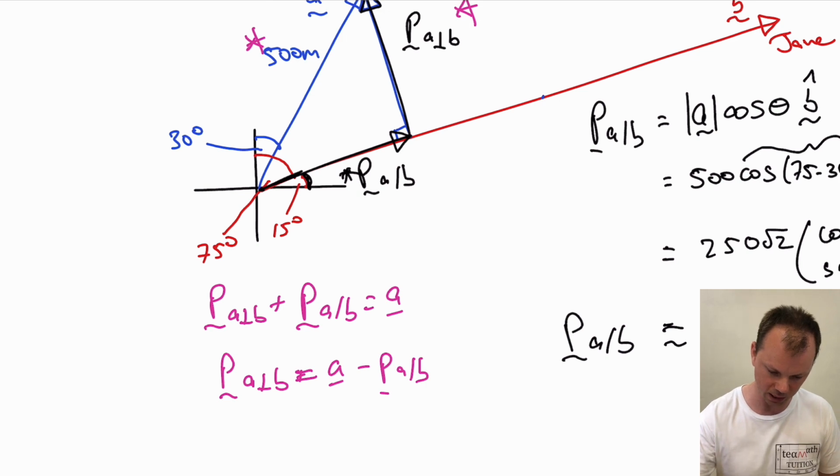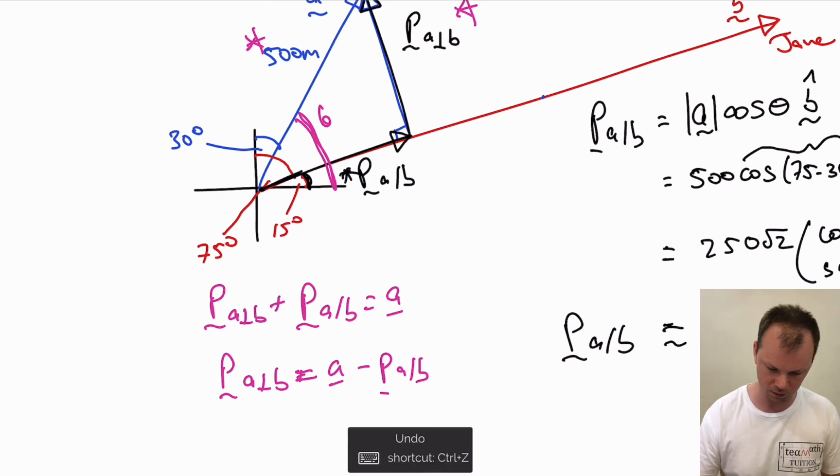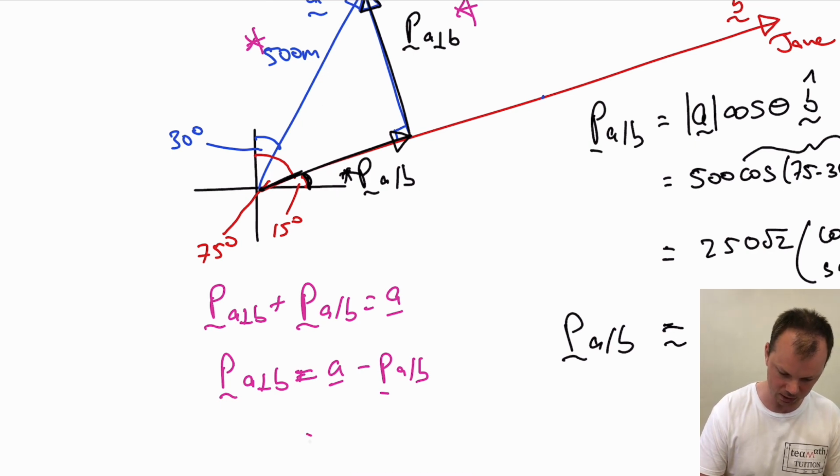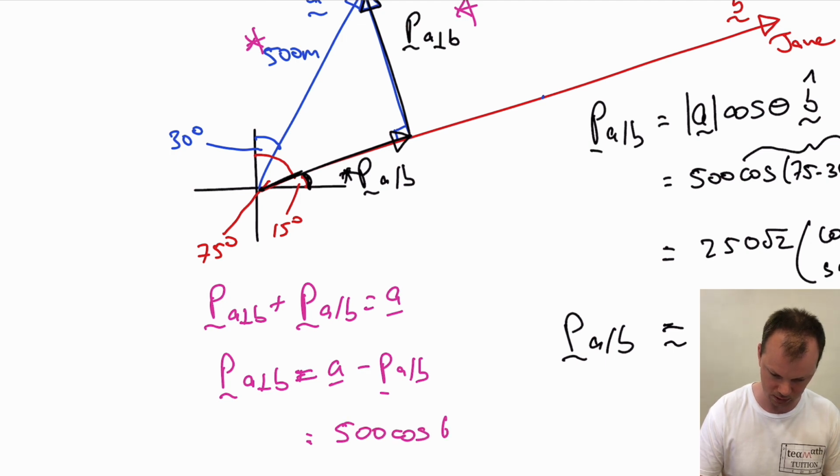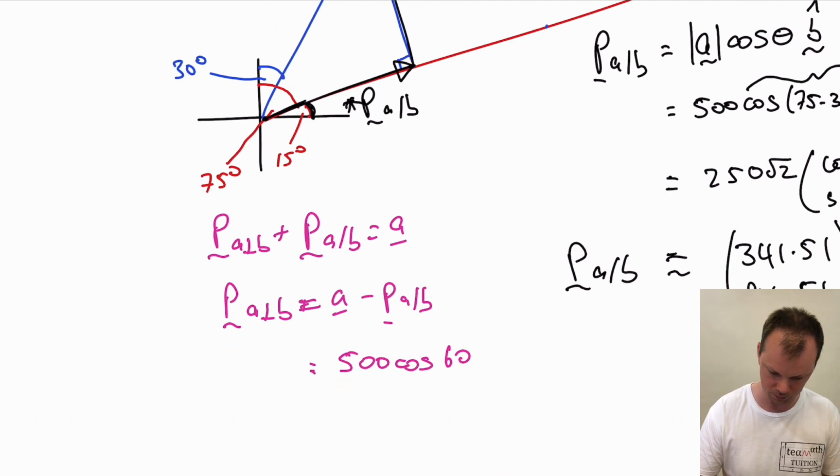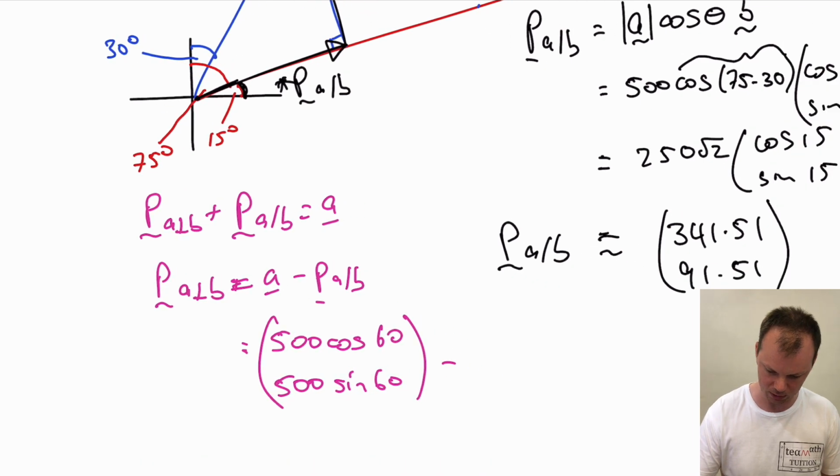We've got this angle from the positive x-axis is going to be 60 degrees. So we've got the vector A is just 500 cos 60, 500 sine 60, and we're minusing away the vector that we've already found.